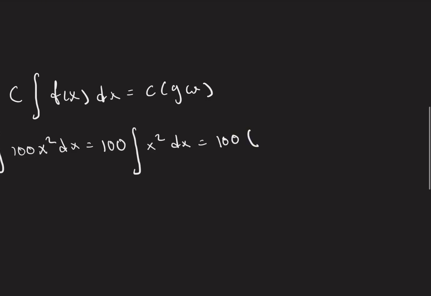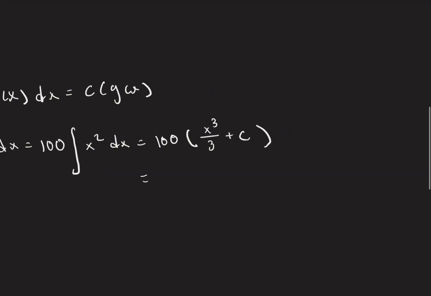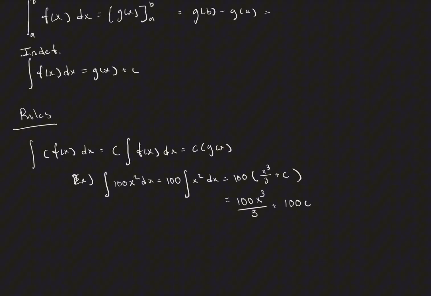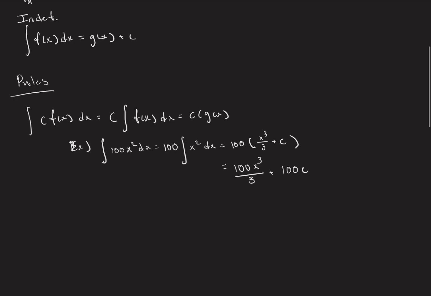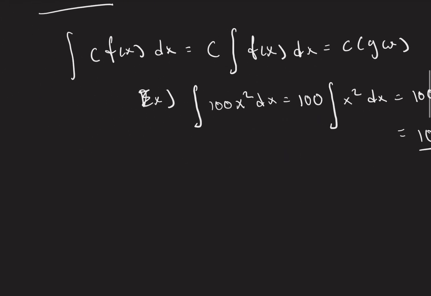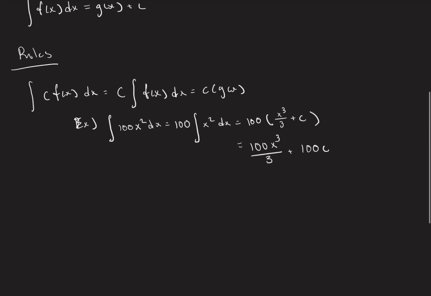So it'll be 100 times x to the power 3 divided by 3 plus c. And you just distribute it, so it'll be 100 x to the power 3 divided by 3 plus 100c. There you go. So that's one of the rules, the first rule. I think this is called the constant rule.